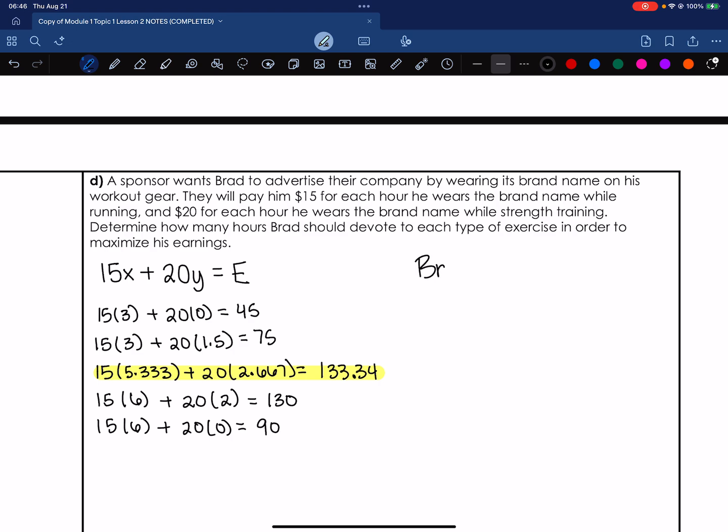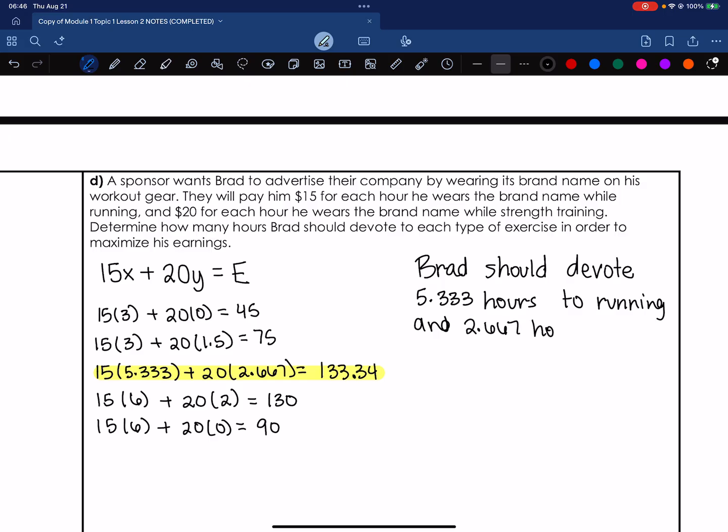So Brad should devote 5.333 hours to running and 2.667 hours to strength training to maximize his earnings.